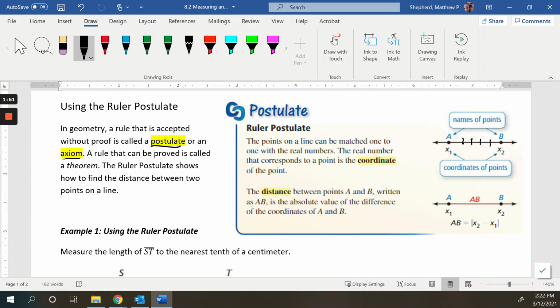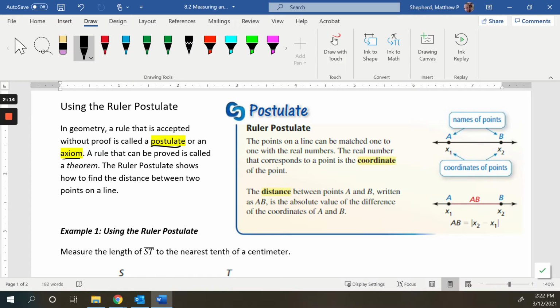Okay, the ruler postulate, as we now go through the more official language, says that the points on a line can be matched 1-to-1 with the real numbers, meaning that these dots that we have on a line, we can apply a number to them. The real number that corresponds with a point is the coordinate of the point.